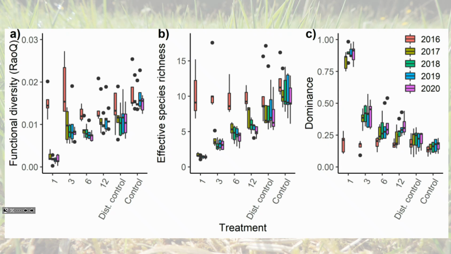So they have treatments with as distinct functional composition as possible, keeping the same number of species or something like that. And I don't remember the results, but something similar was already done.